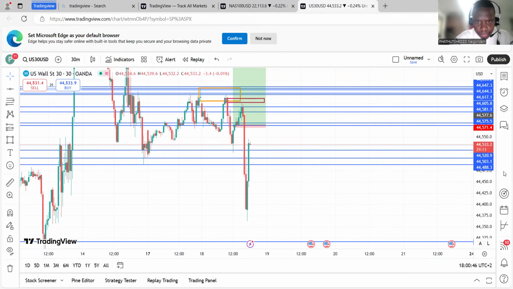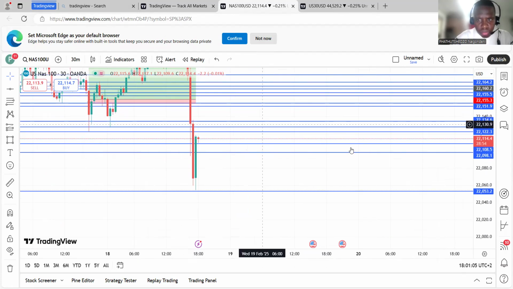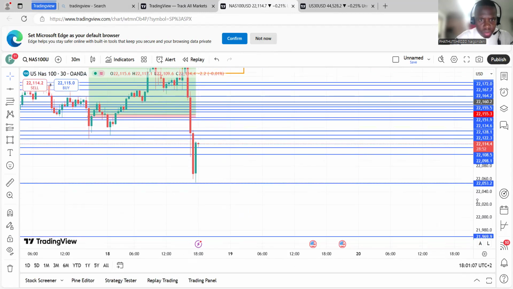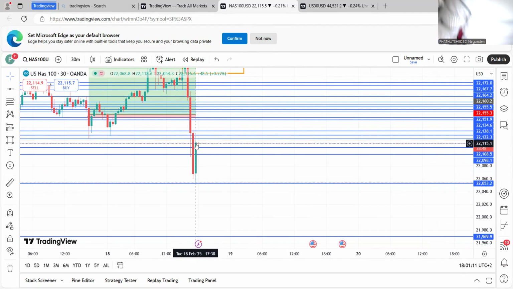Okay. Obviously, I'm gonna take the buy here. So the loss must be well calculated. Let's see if it's worth it for me to take this trade. Okay. Let me just jot this down.